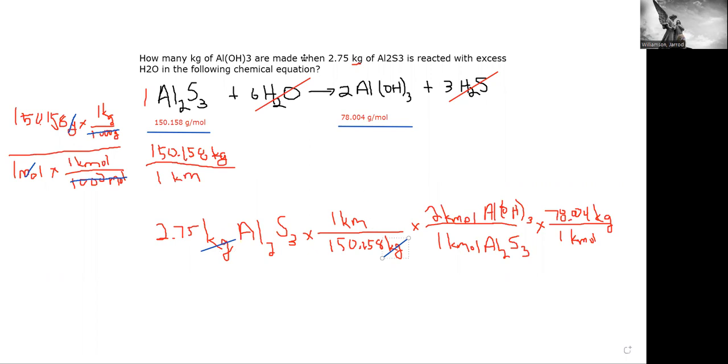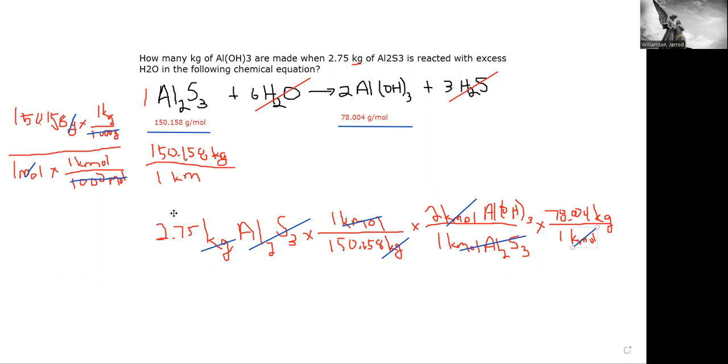I made a typo here; this is kilomole. 1 kilomole of Al2S3 cancels with kilomoles of Al2S3, and kilomoles of aluminum hydroxide cancel with kilomoles of aluminum hydroxide.